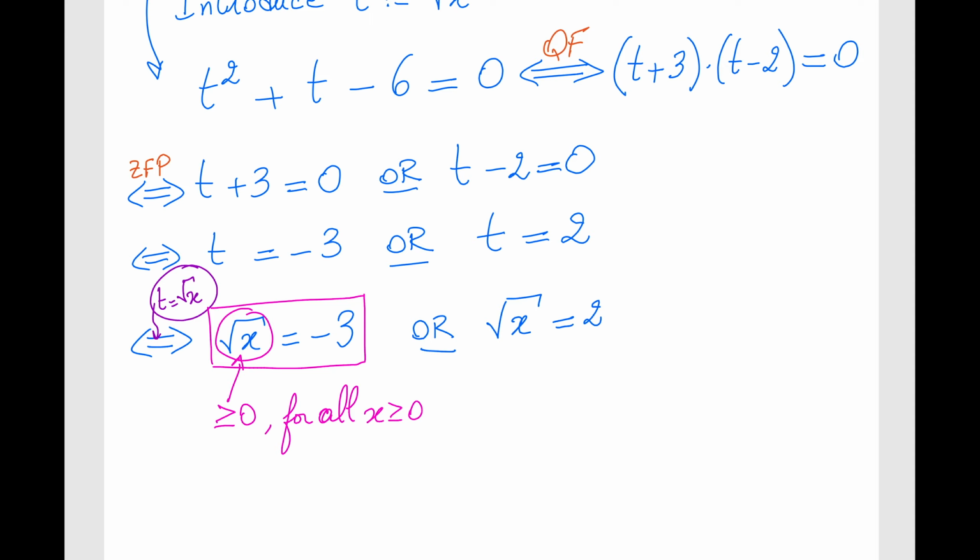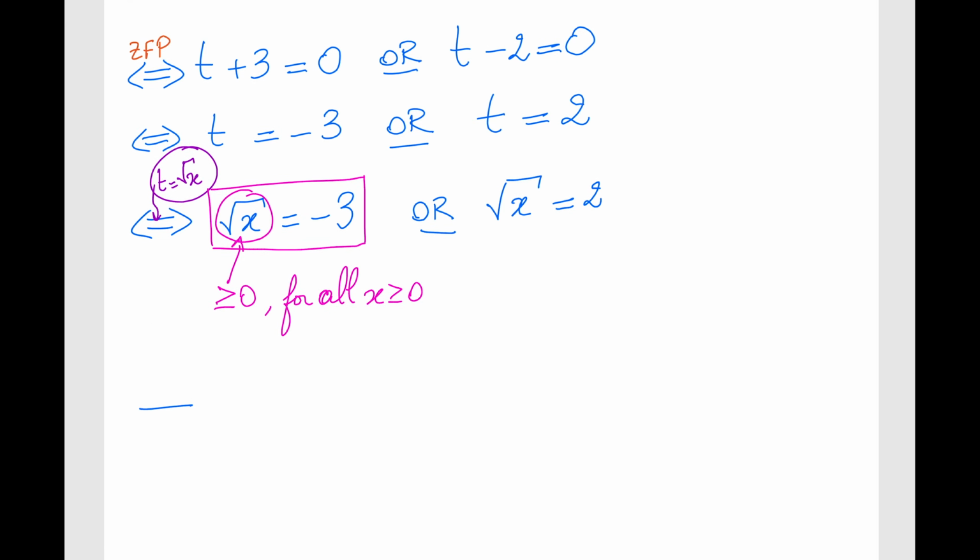So this whole statement is equivalent to square root of x equals 2. One more time. This boxed equation produces no solutions because there is no way I'm letting this meet -3. The least it meets is 0.